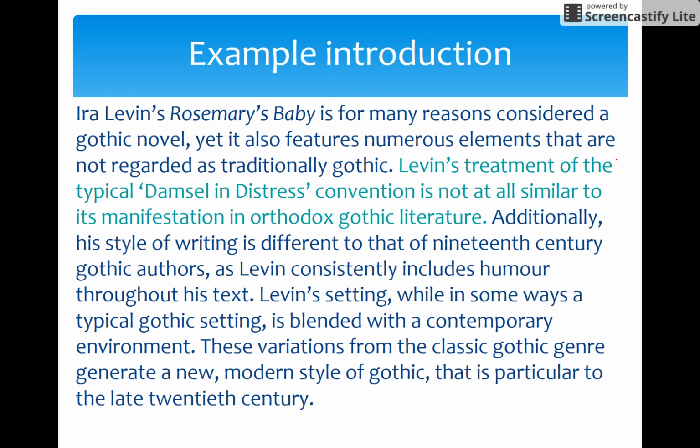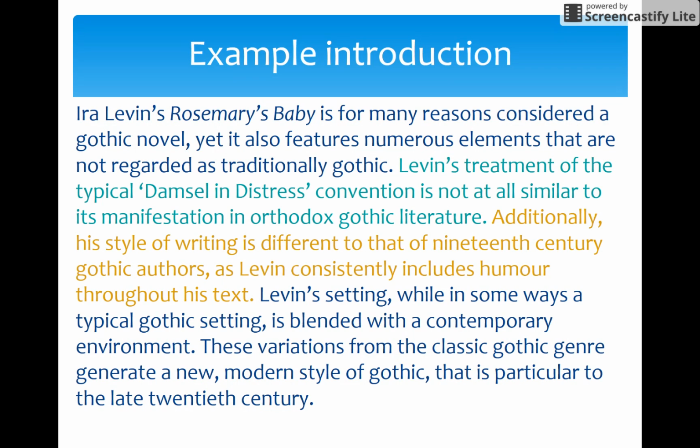Our second sentence is our first supporting argument or point, and I can tell by this that it's to do with this damsel in distress convention. This body paragraph that relates to this point would be about women and the damsel in distress convention or trope.